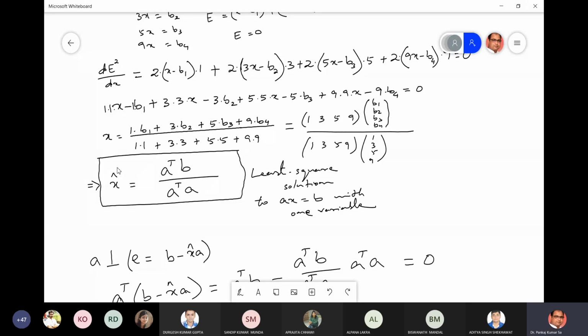Why I wrote x cap here is because it is the best estimate of x. It is not the exact x, rather it is the best estimate of x. X cap is equal to A transpose B upon A transpose A.